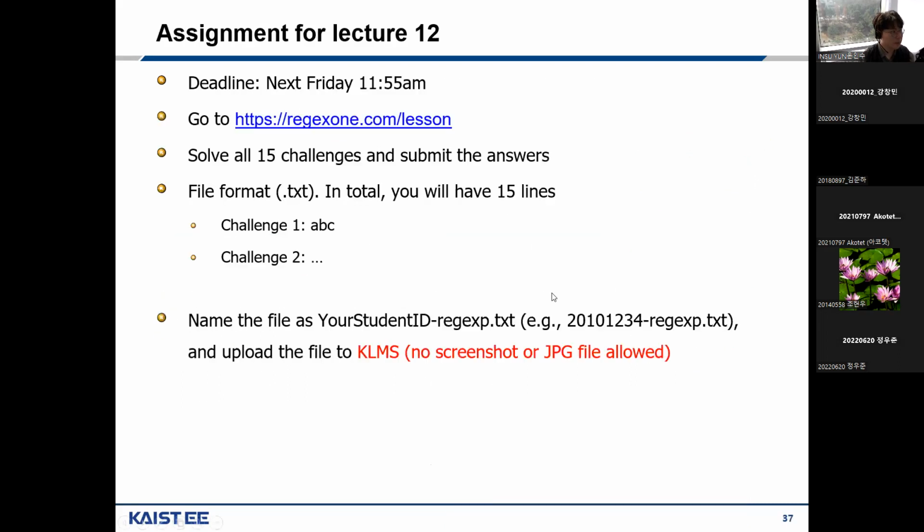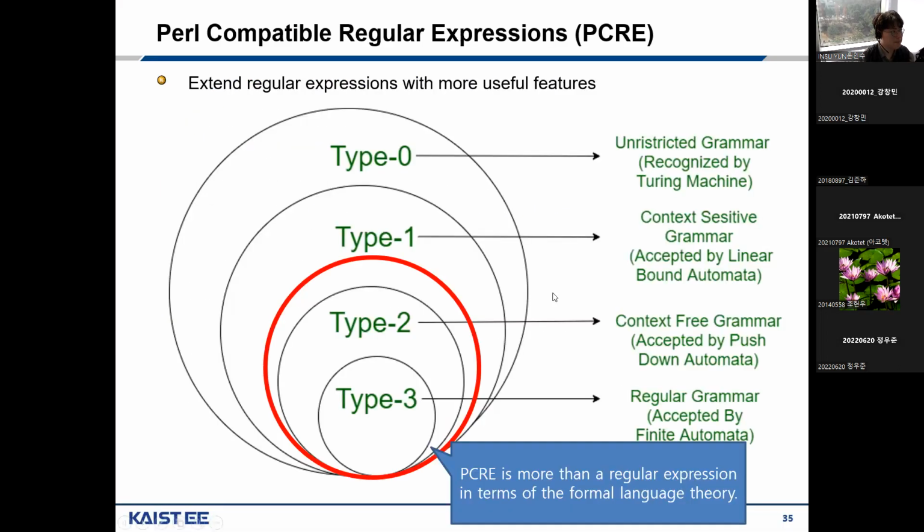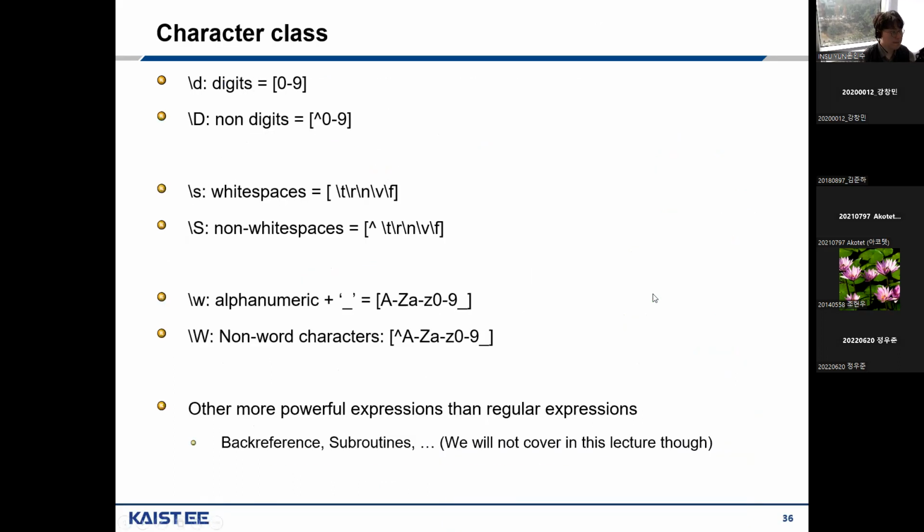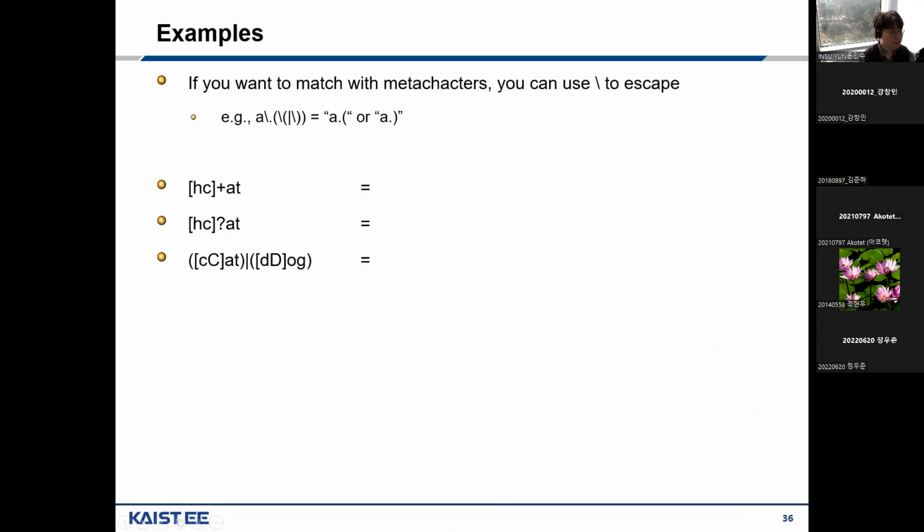So HC plus means that it will be H or C, and it will be repeated one or more times.